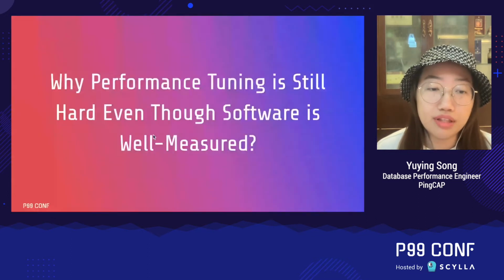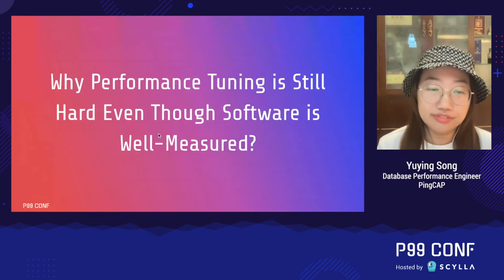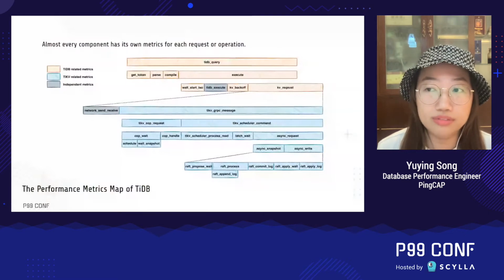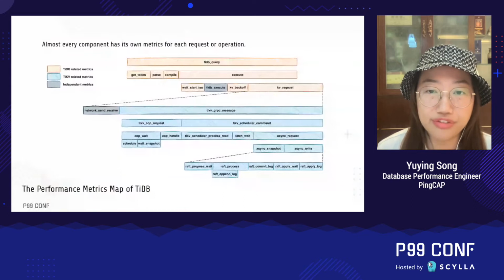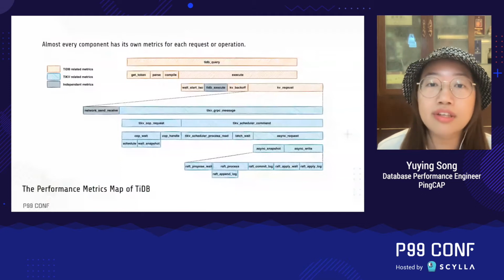And here comes our first topic: why performance tuning is still hard even though software is well measured. Actually, TiDB is very well measured software. Our developers and our community contributors spend a lot of time measuring our software.